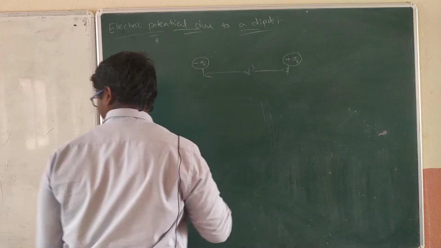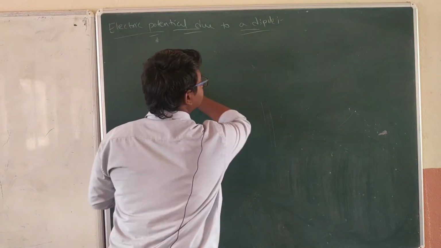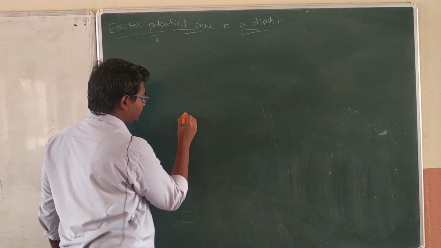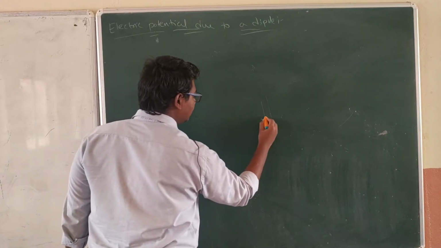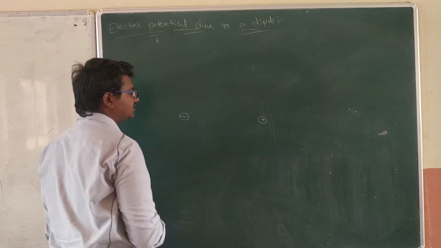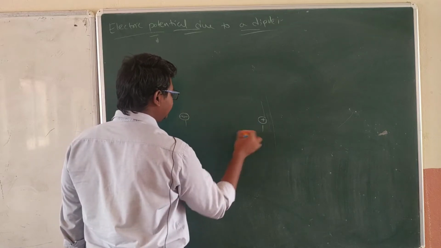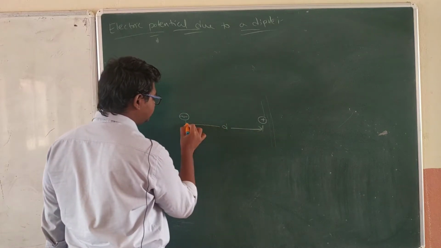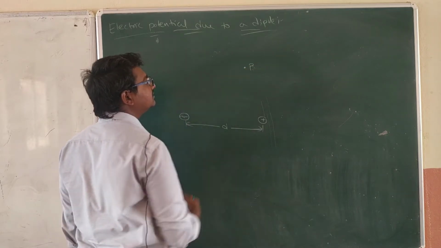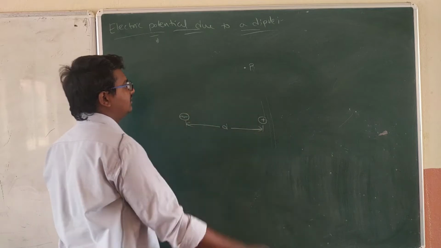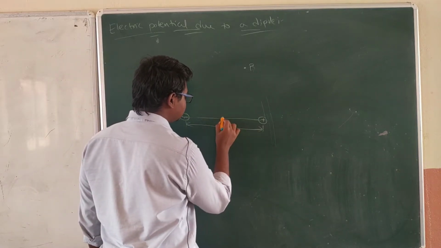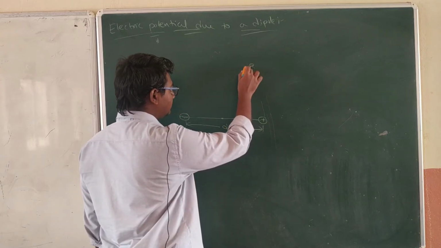Diagram again I will draw here. Here negative charge, and here positive charge we will consider. Now the distance between them is small d. Let's consider any point P like this. Arbitrarily we have taken a point P, and this is the center of this dipole.